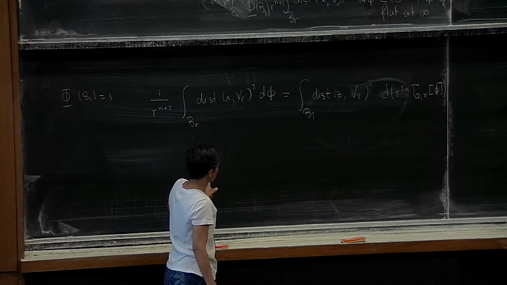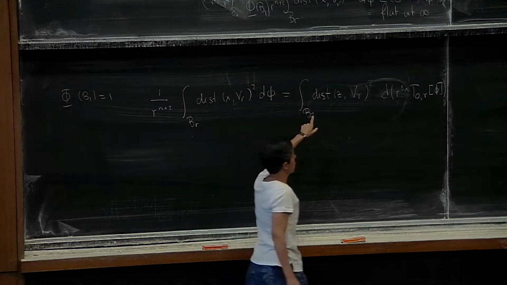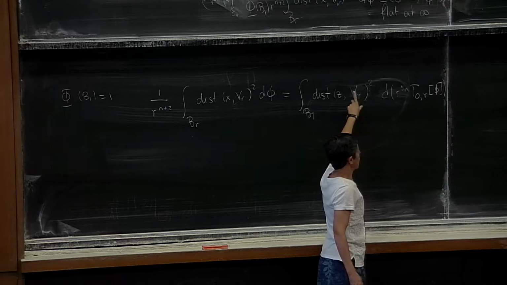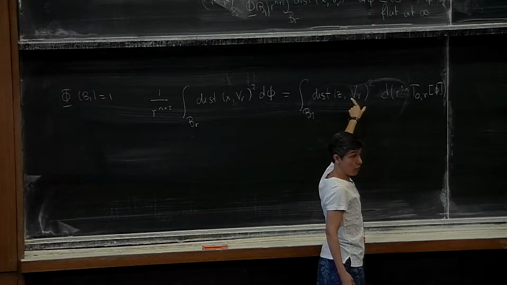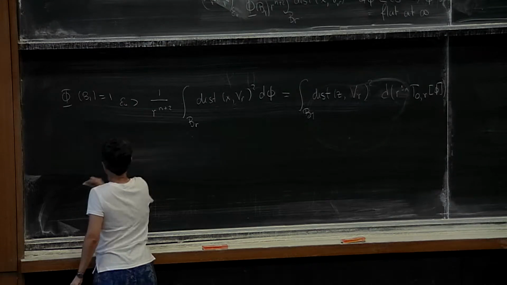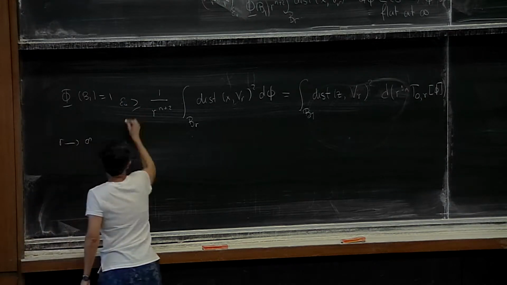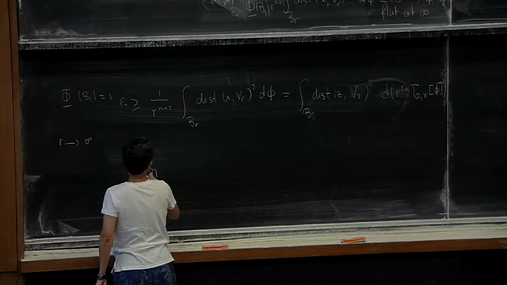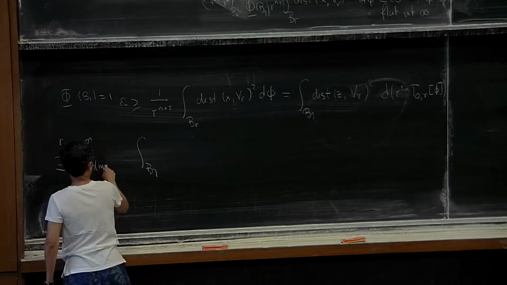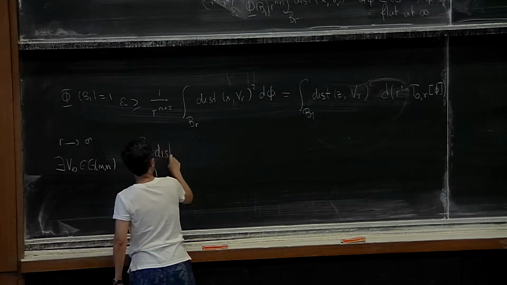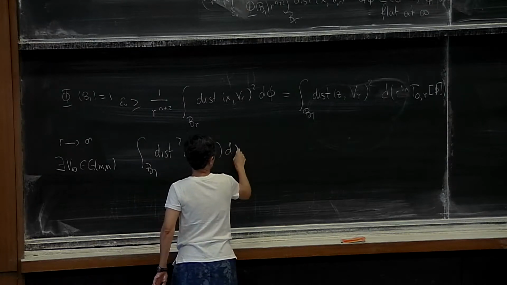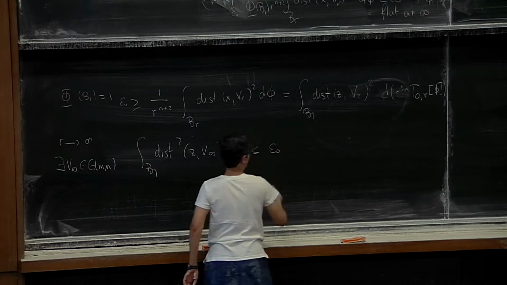And you agree this is a continuous function. Yes, it depends on r, but for every sequence going to infinity, this converges. So as r goes to infinity, if this is less than epsilon 0, then letting r go to infinity, you believe me that there exists a V infinity such that the integral of the distance squared of z to V infinity, d lambda, is less than epsilon 0.